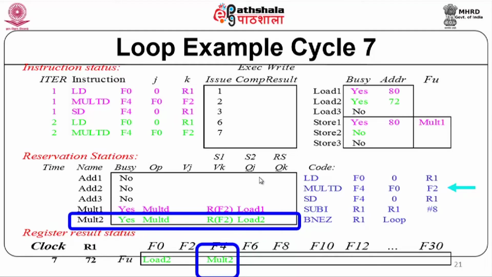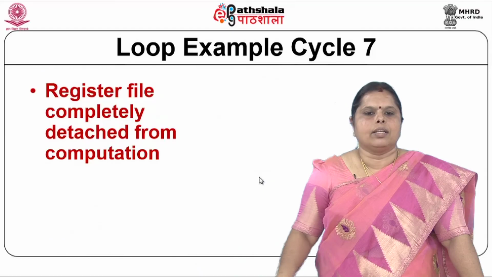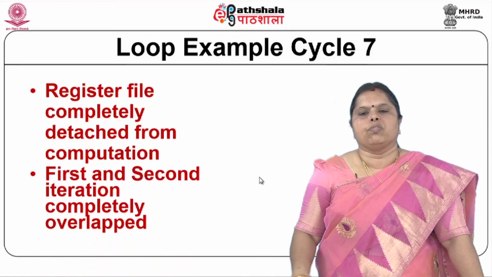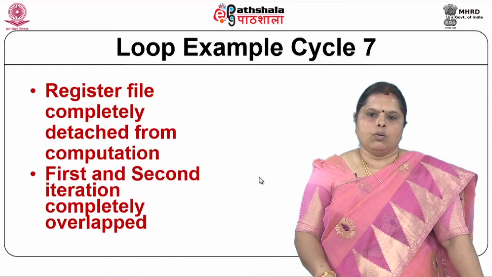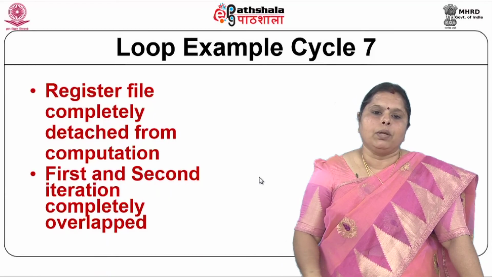That is read from your register file and stored into the reservation station entry. But the other operand has to come from the load instruction of the second iteration. That is indicated in your QJ field as load 2 to produce the operand for your mul2 instruction. So, the register file is completely detached from the computation, and that is how renaming has handled your WAR and WAW hazards. And you find that the first and the second iterations are completely overlapped.